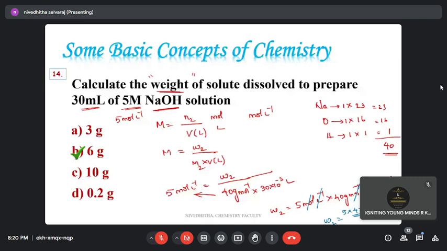Ma'am, is it option B? So you're telling me the answer is 14.6 gram, right? Yes, ma'am. How about the rest of the students? How about Marimuthu? Roshini?